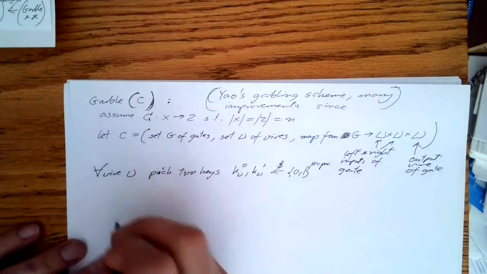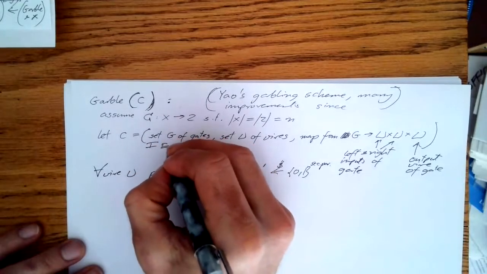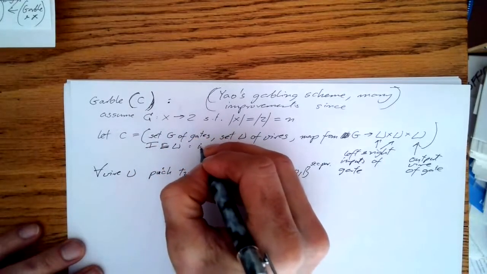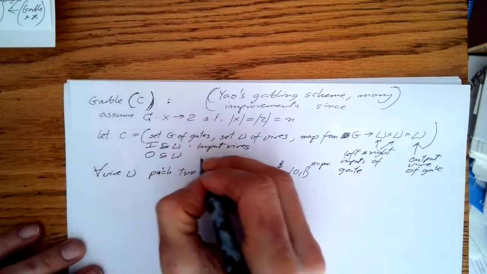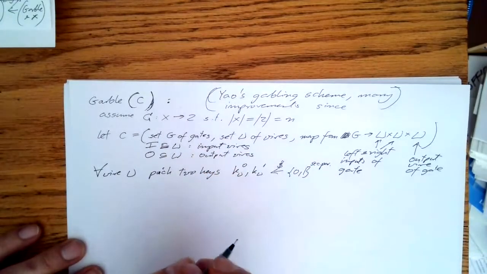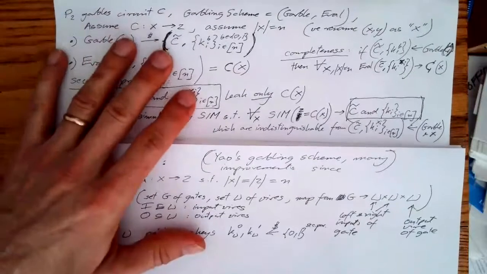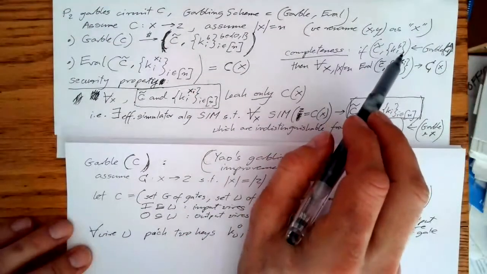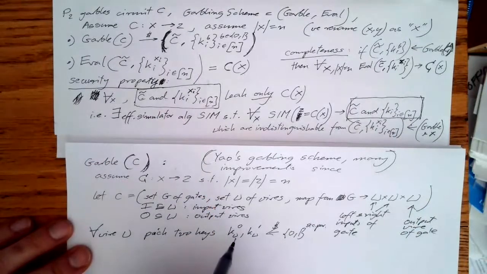Let I, a subset of W, be the input wires, and let O, a subset of W, be the output wires. What do we need from a garbling scheme? We need to create a garbled circuit and a set of garbled wires. We already have the set of garbled keys. We already have that set.